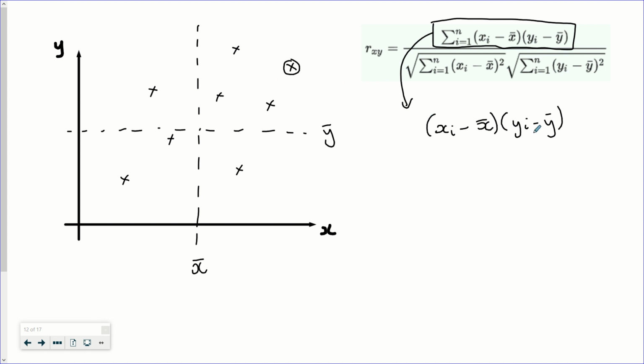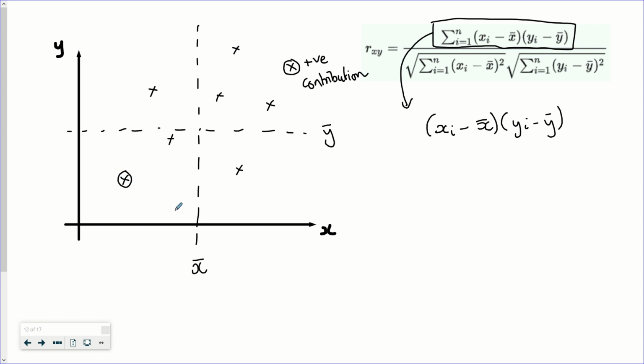So when I calculate this numerator for this point, it's going to have a positive contribution.